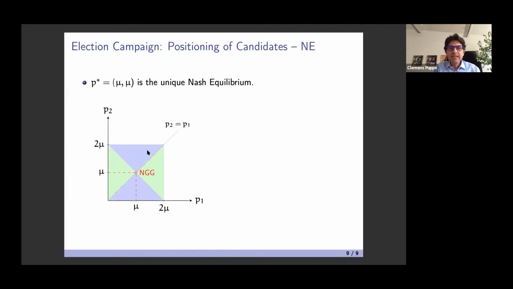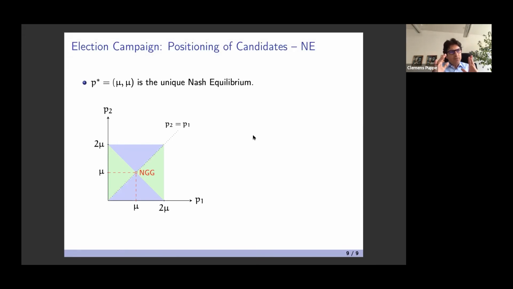Then you see immediately this upper part here is blue, the lower part is blue, the left part is green, the right part is green, and the only point that belongs to both the green and the blue region is only this point mu. What does that mean? Well, this means that in equilibrium, the two candidates will position themselves at the same point, namely at the point mu.